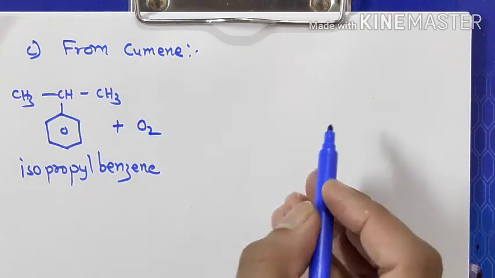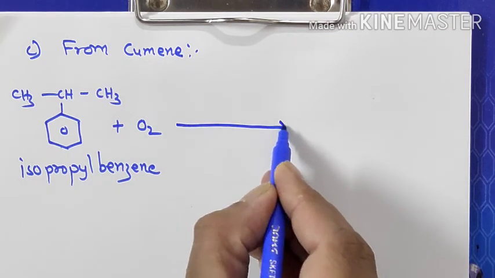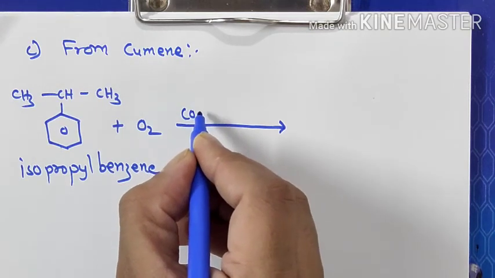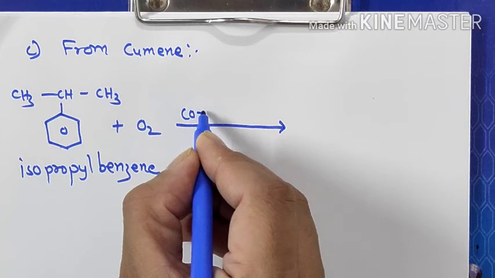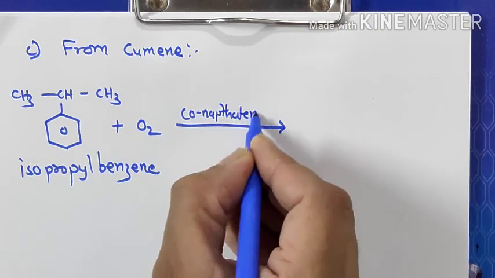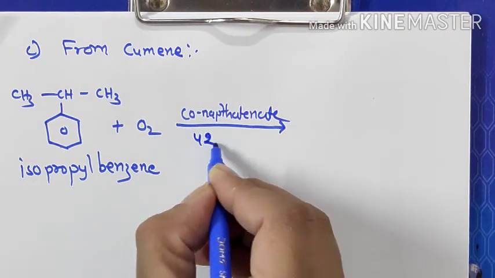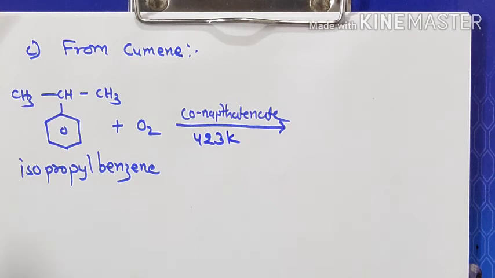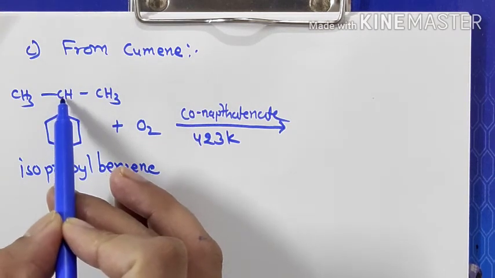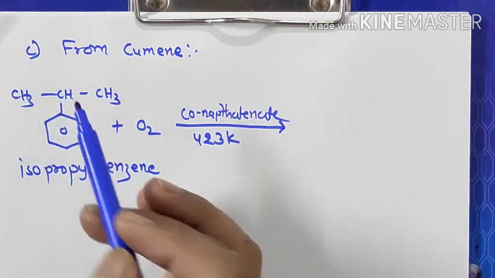Aerial oxidation takes place. Right, aerial oxidation means we just pass air in the presence of cobalt naphthenate, at a temperature of 423 Kelvin. Now what happens? See, student, the bond between carbon and hydrogen is weaker in comparison to the bond between carbon and carbon.